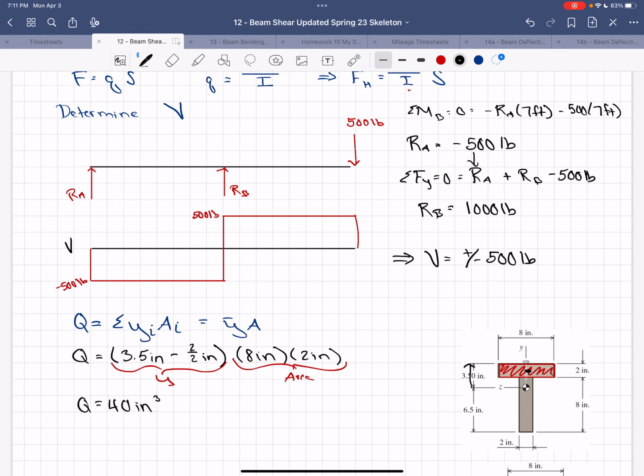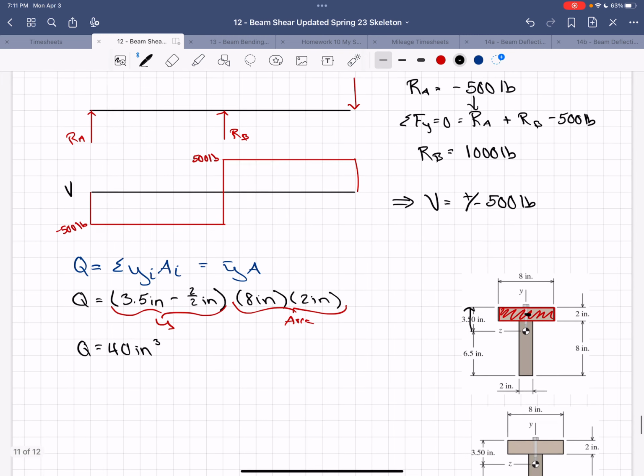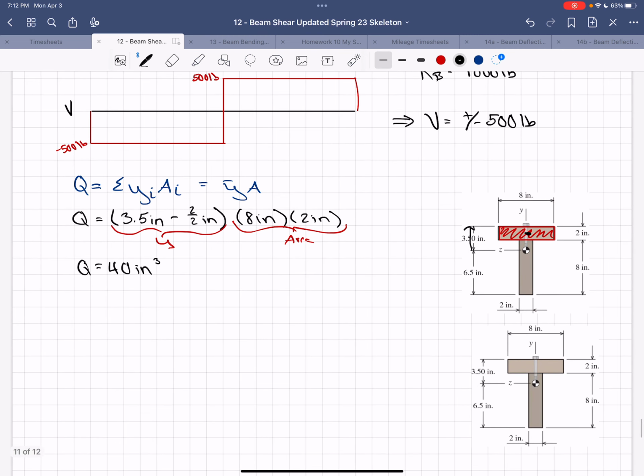All right, so that's Q. Then we need to calculate I. Here we have 2 parts: part 1 down here, part 2 here.